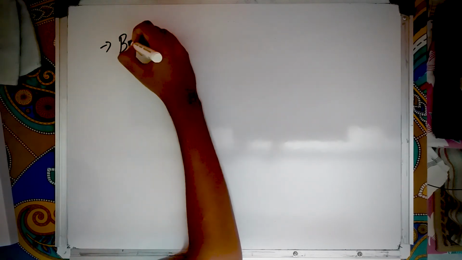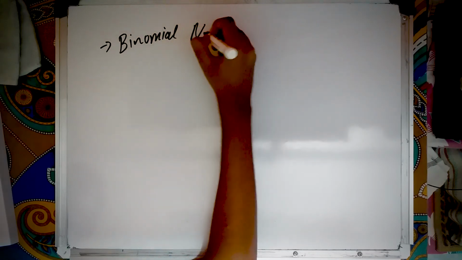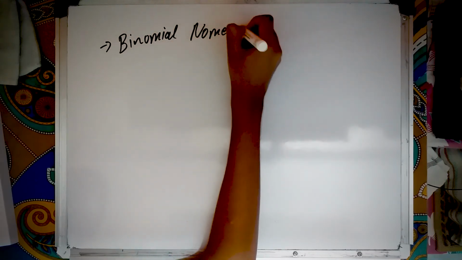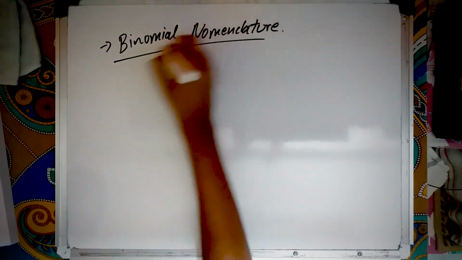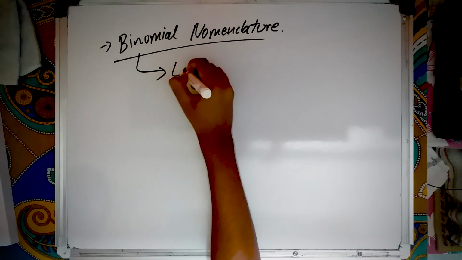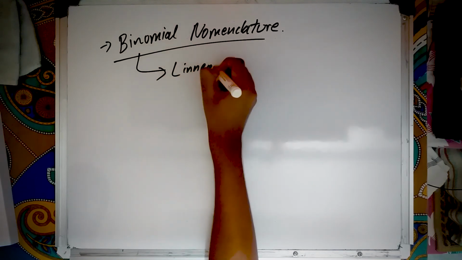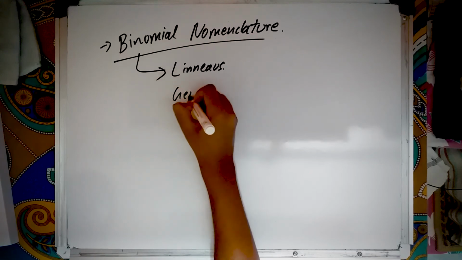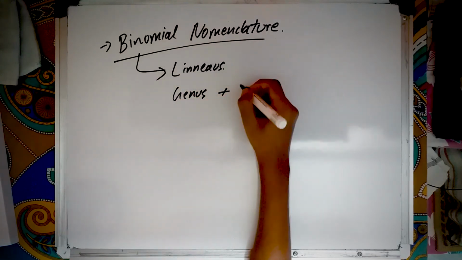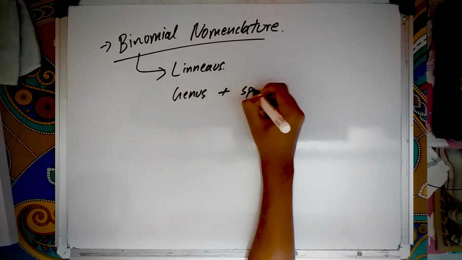There are two types of nomenclature now. Binomial type, which we just discussed. Binomial nomenclature is given by Linnaeus. It consists of genus plus species.